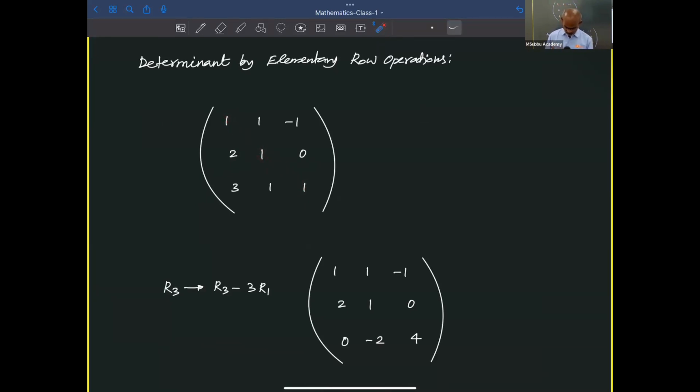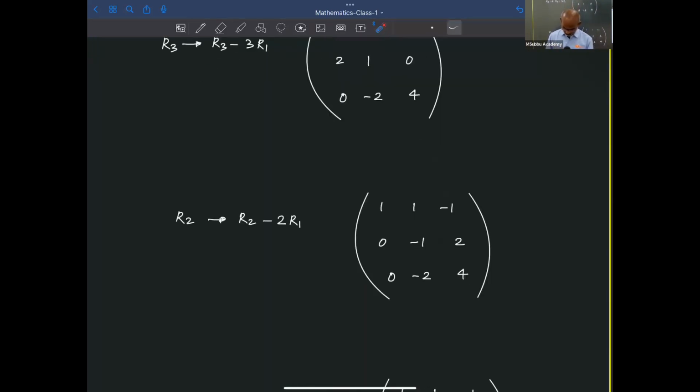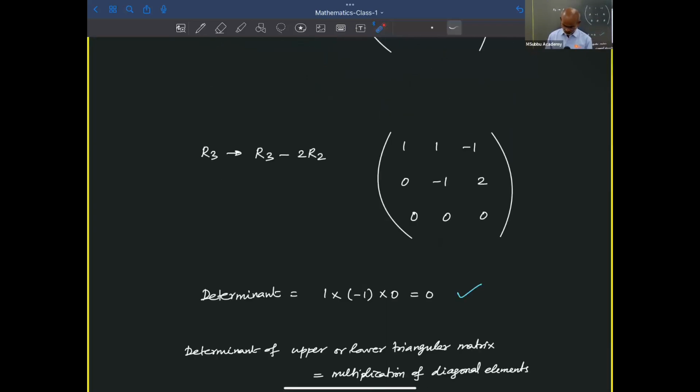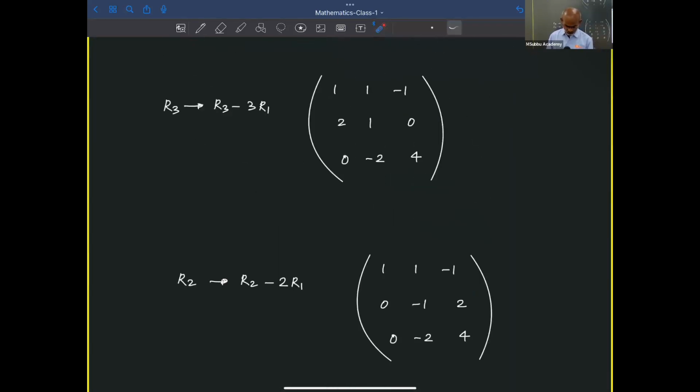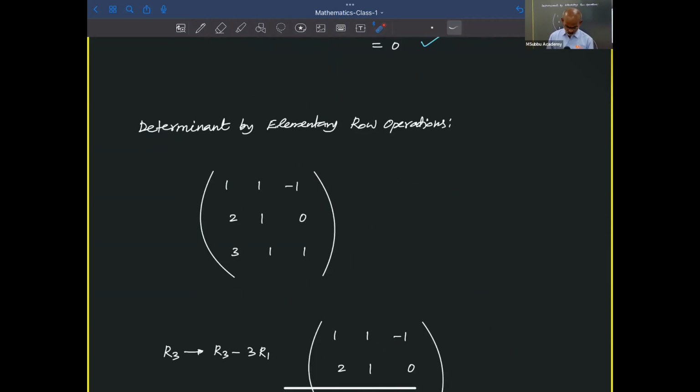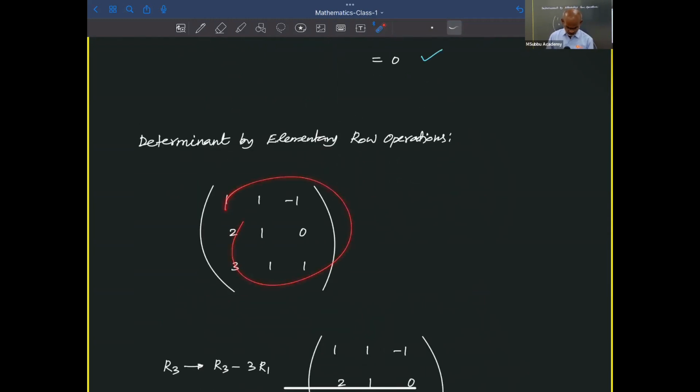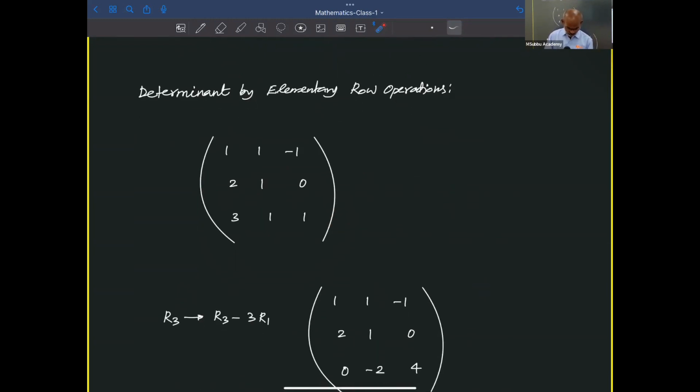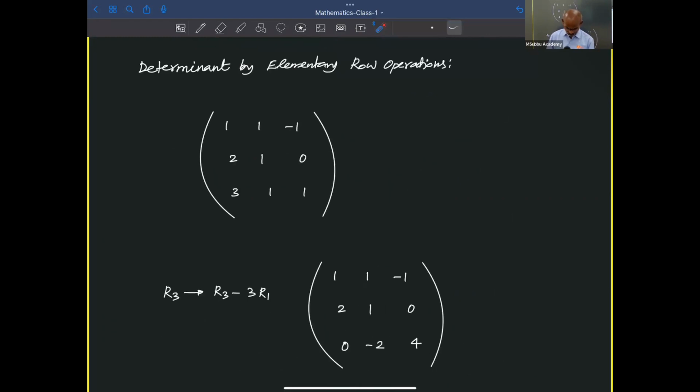So for that, let us see. We are aiming at making these lower elements 0. This is the original given matrix. You can do this operation: the new row 3, where you want to make this element, at least the first element, 0.